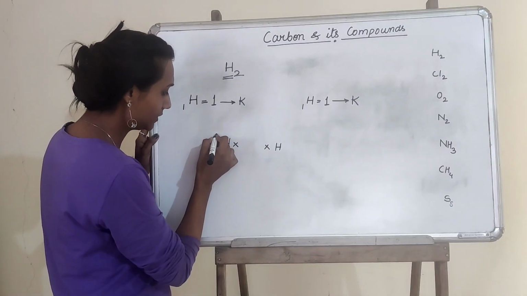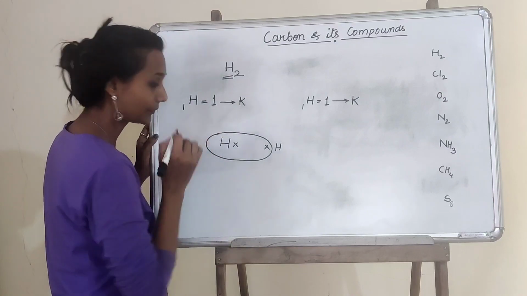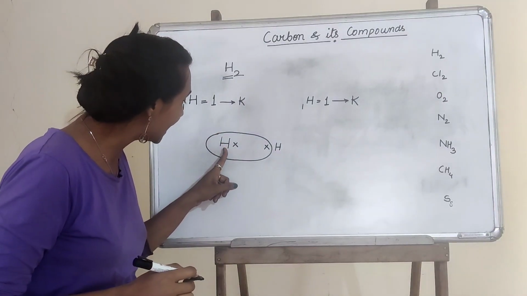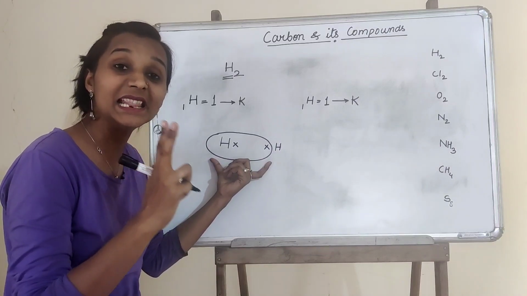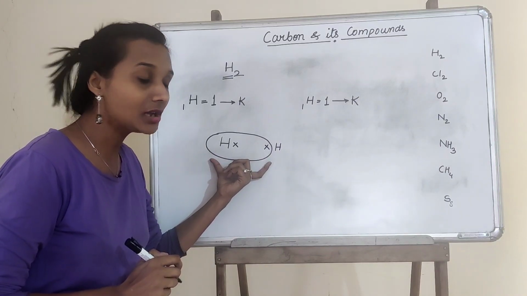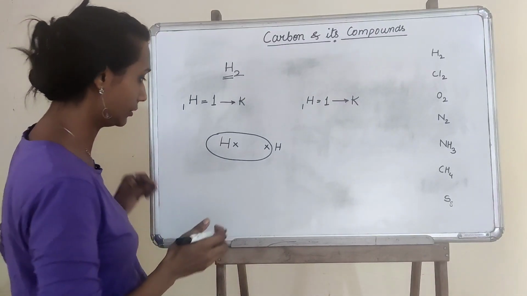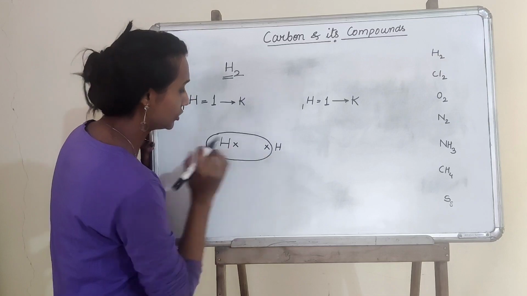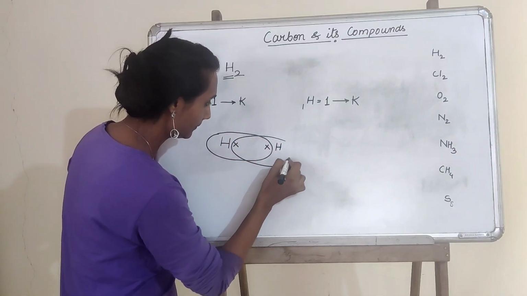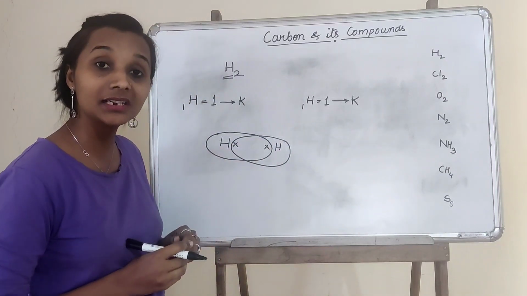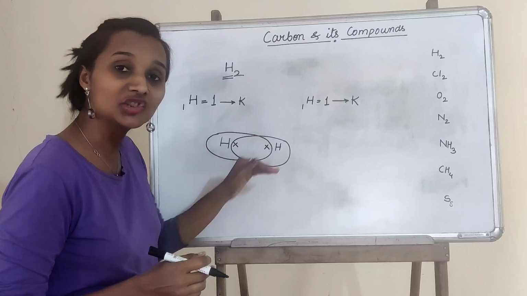Now, can you see the way I am drawing the circle? Now, this hydrogen has got two electrons because of equal sharing of electrons. This hydrogen, see the way I am drawing, has again got two electrons in its shell.